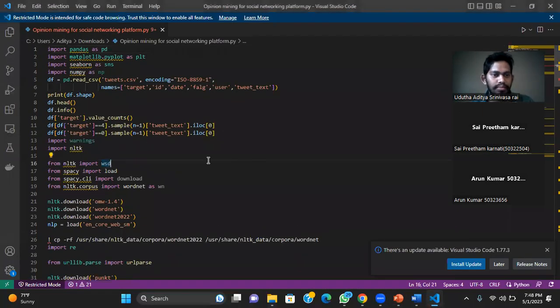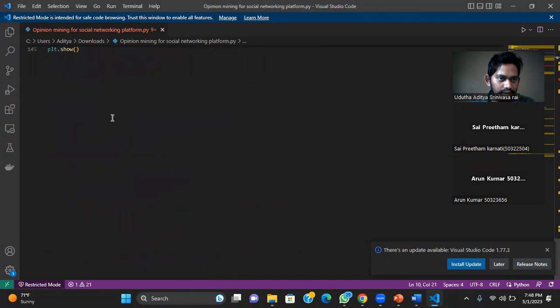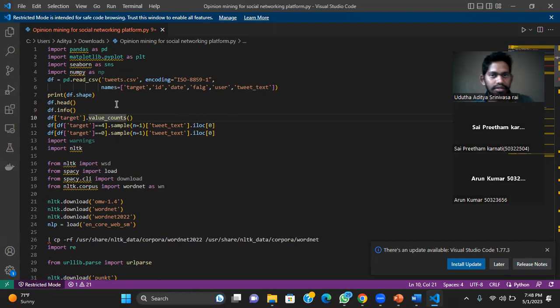This was the complete code from our project which we have implemented. I will try to run these steps.